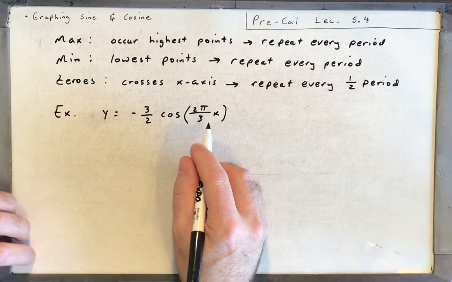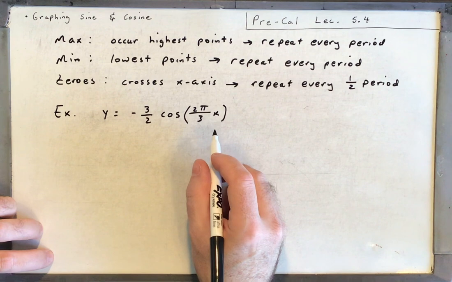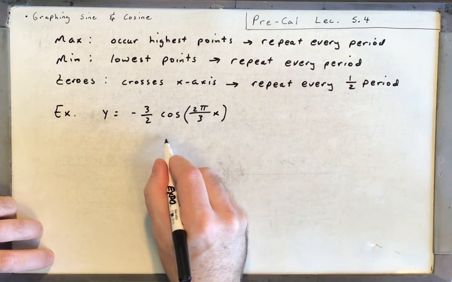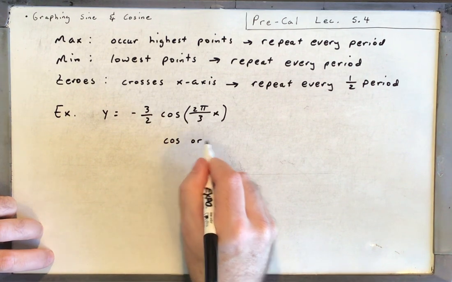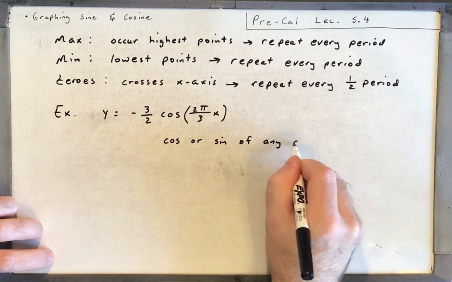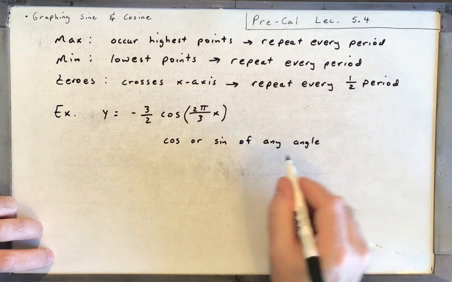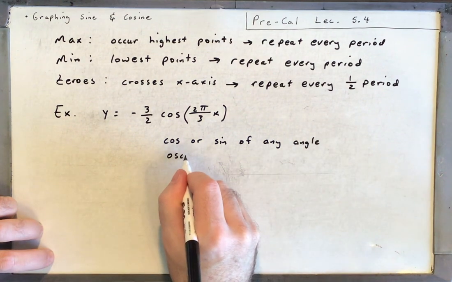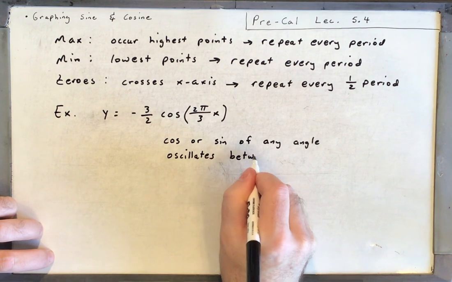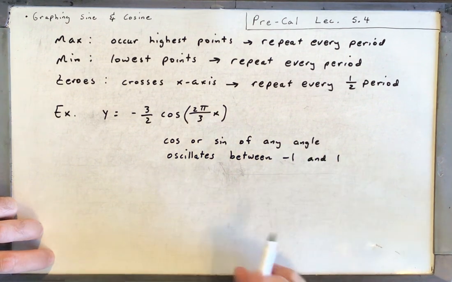So the max, this is really important for you to watch this. If you want to find a max or a min, the cosine or sine of any angle oscillates between -1 and 1.